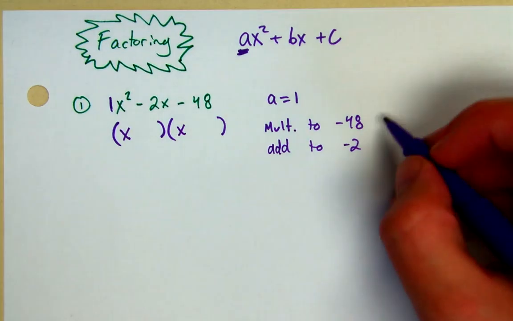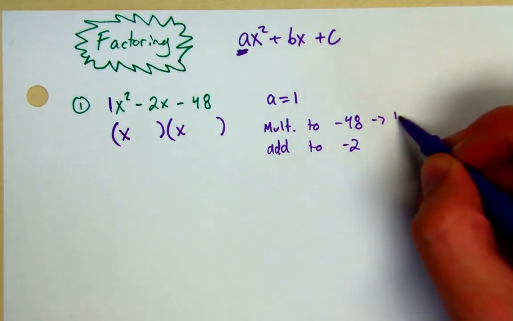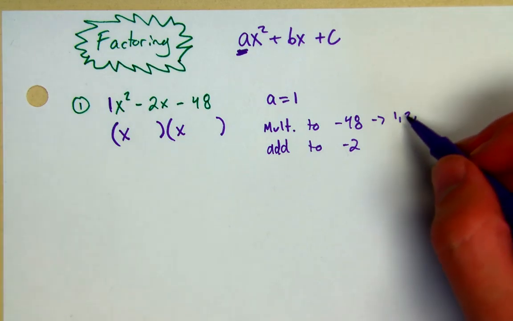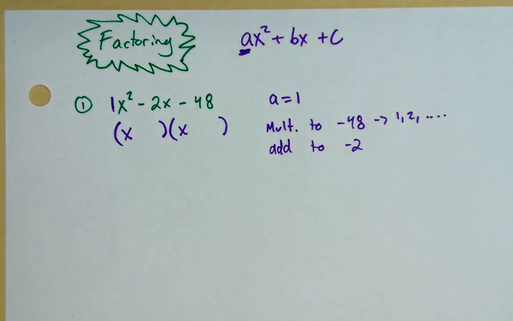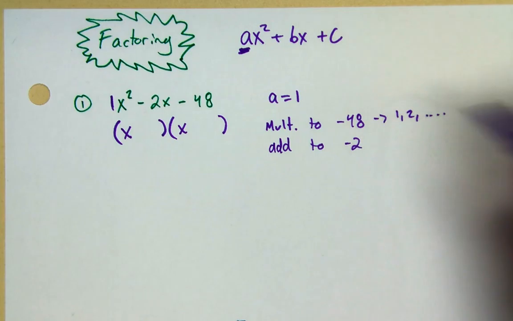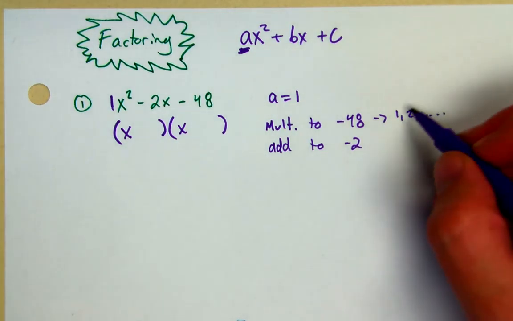Alright, so 48. Well, I know factors of 48 are 1, 2, 3, 4, 5. Again, we can keep going around and figure out the factors. But think of them in pairs instead. Well, 2 times 24, that's not going to get me to 2. Maybe 3 or 4 times 12.